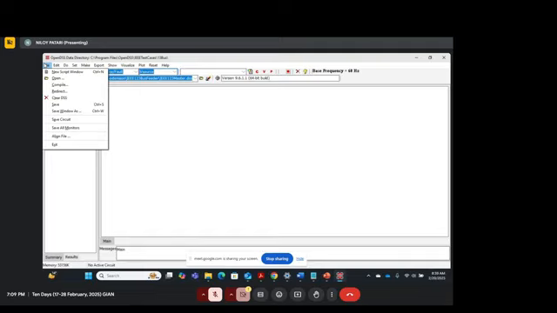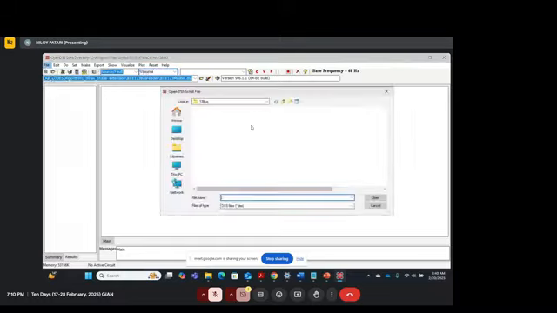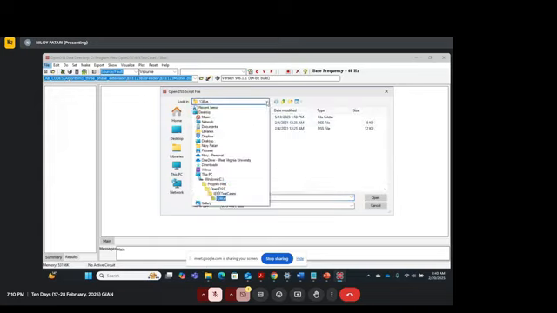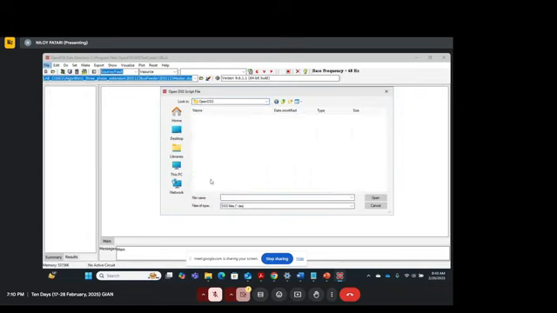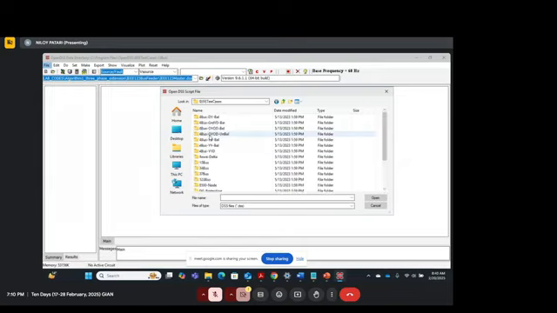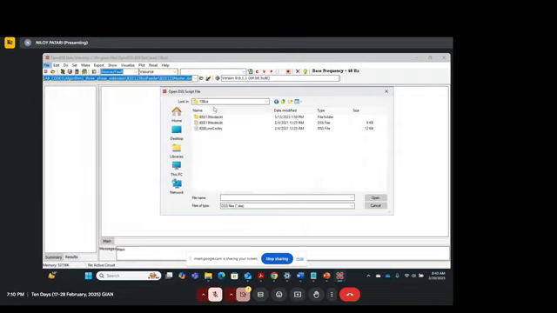Whenever you download OpenDSS, it will be saved in a particular folder. Generally, it's Program Files in C. If you go into C Program Files, you can find OpenDSS here. Go into the OpenDSS folder, and then if you go to IEEE test cases, just click on the 13 bus system, the 13 bus folder.